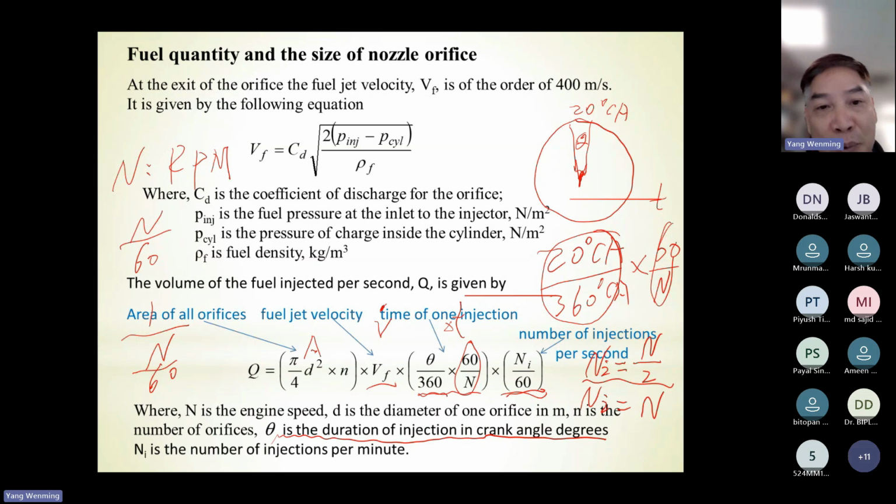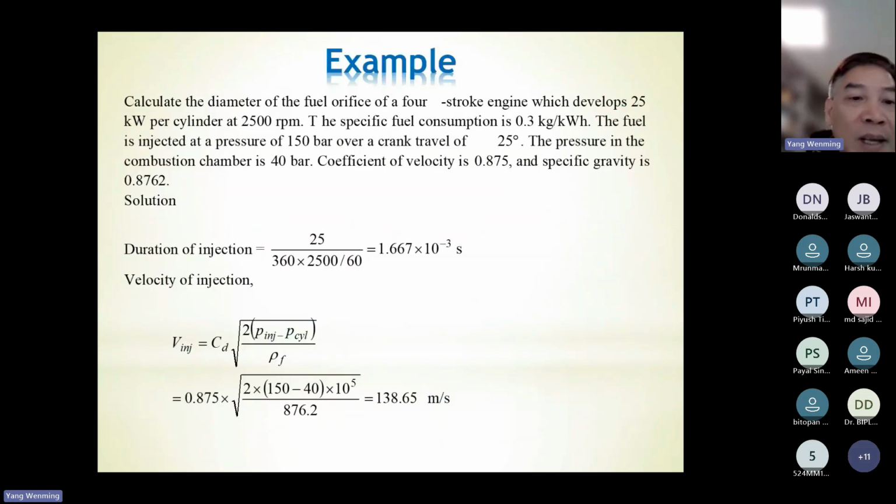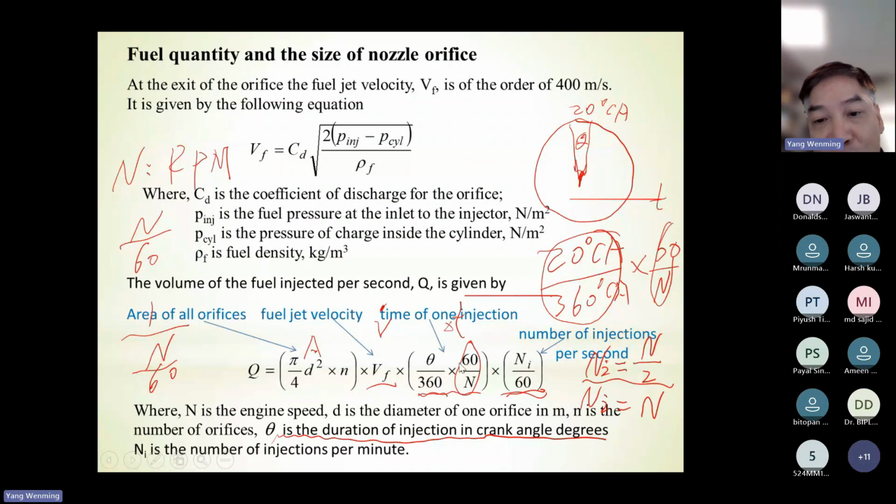We can use this equation to calculate. Firstly, we find out the duration of injection per second.